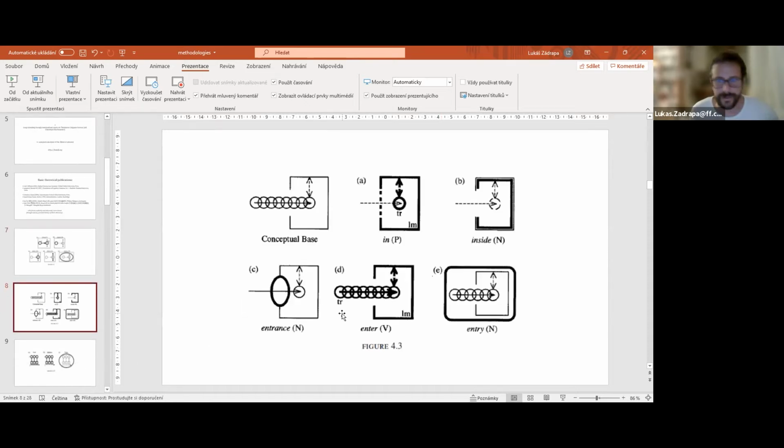So we have another series of pictures, the conceptual base of entering, in which there is some kind of enclosed space and an object that, in time, gets closer and closer, and then gets within the enclosed space. And this is the conceptual base for various words that mean, for example, enter.